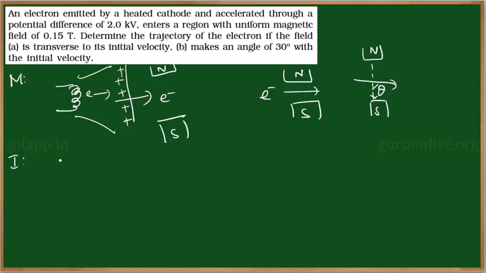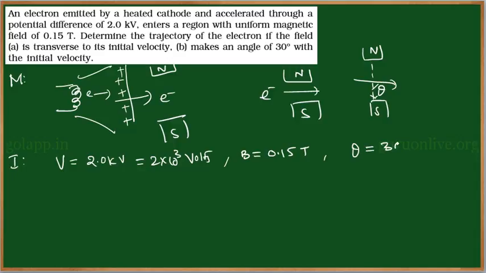The given things are the potential difference which is accelerating the electron, capital V, equal to 2.0 kilovolts. That is equal to 2 into 10 to the power of 3 volts. And the magnetic field B is equal to 0.15 Tesla. And in the second case, the angle made by the electron with the magnetic field is equal to 30 degrees.